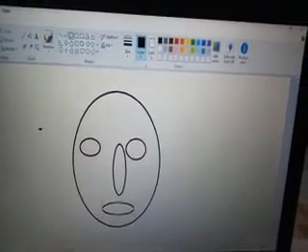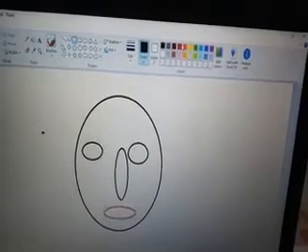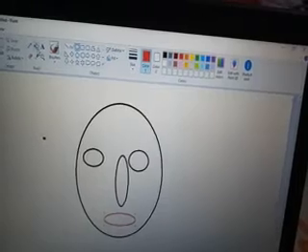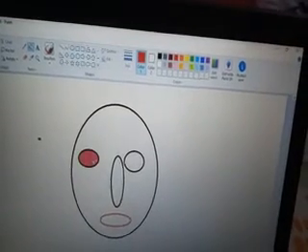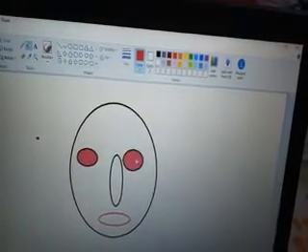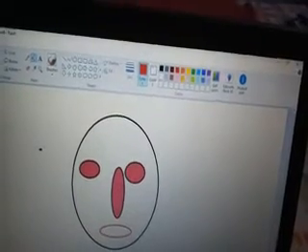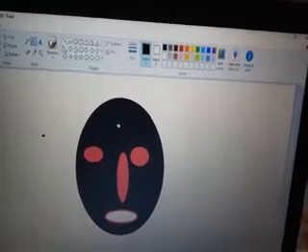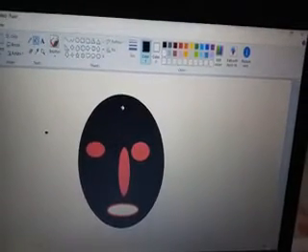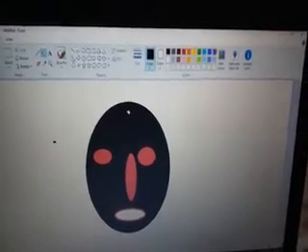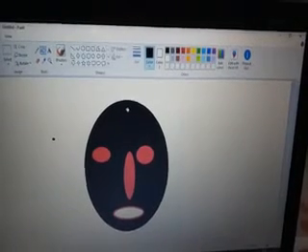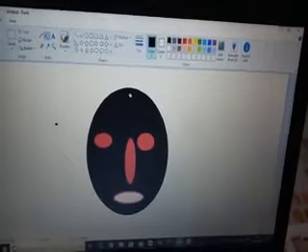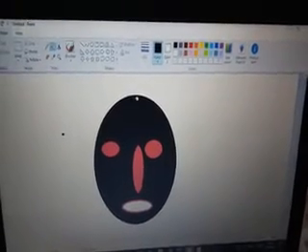And now let me color it as well. Now, isn't that frightening? And isn't that fun? So we can do all these sort of drawings and much more colorful and many more complicated drawings on the computer.